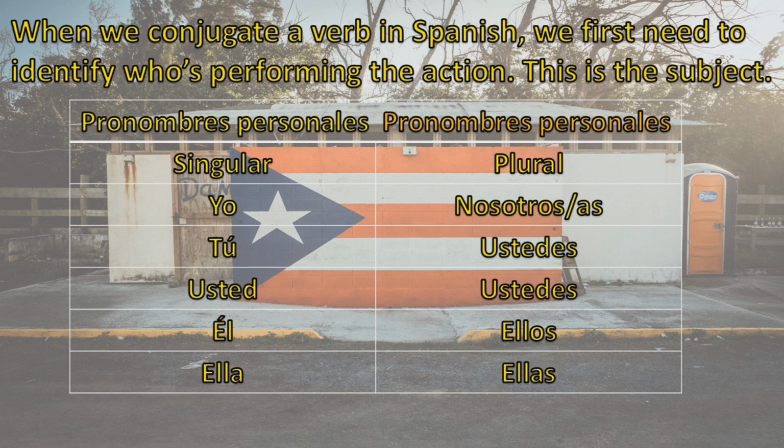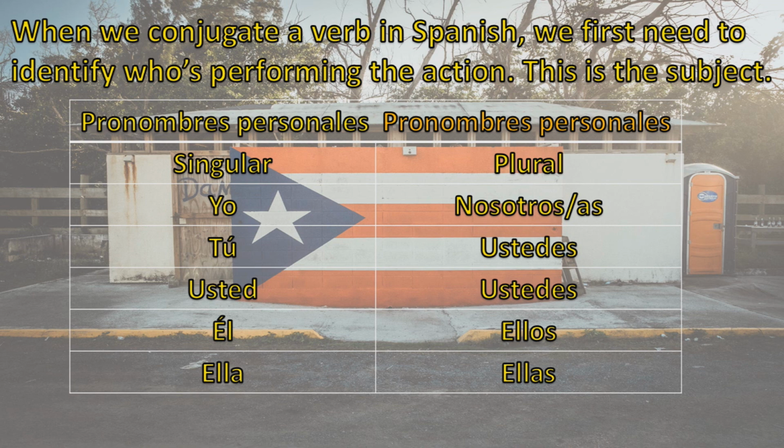For example, Maria, Jose, Eduardo, Ernesto, Daniel, any person. And it can also be, for example, my dog, mi perro, mi gato. So the person or the animal or the object that is performing the action.